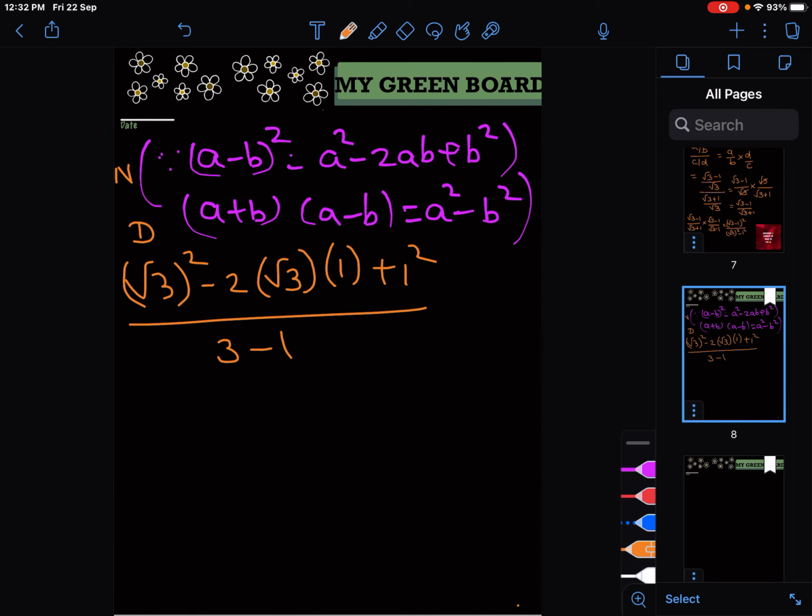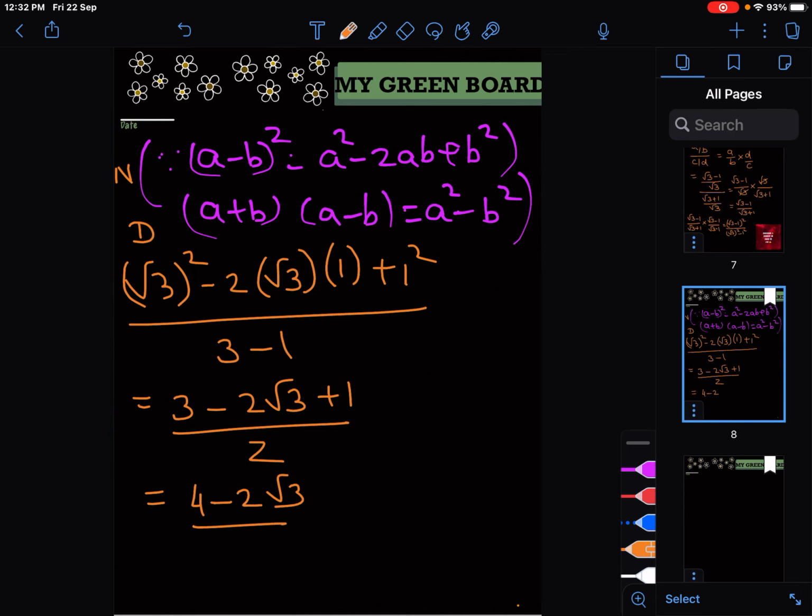So I am getting the answer as 3 minus 2 root 3 plus 1 by 2. 3 plus 1 is 4, so 4 minus 2 root 3 by 2. Here I can take 2 as common: 2 times 2 minus root 3 by 2. The 2 gets cancelled, so I'll be getting 2 minus root 3. This will be your answer.